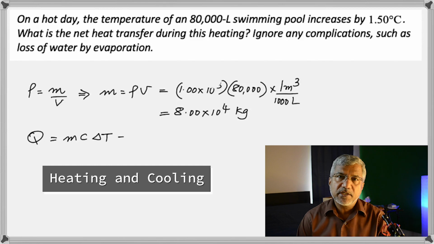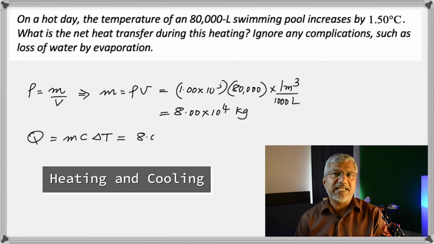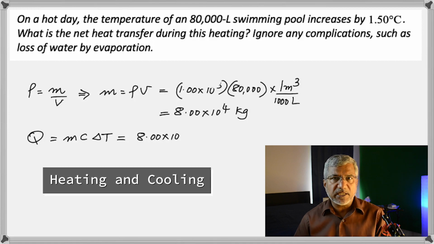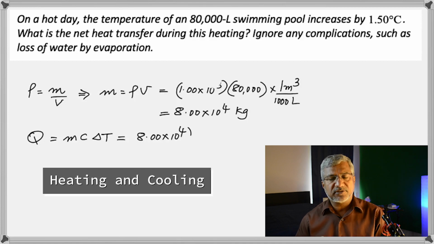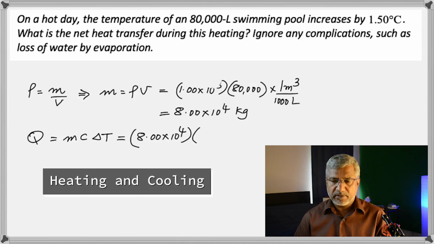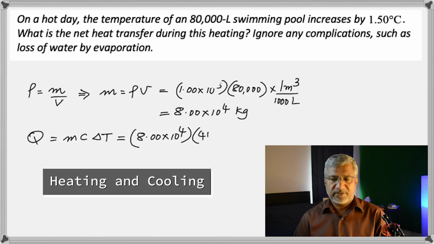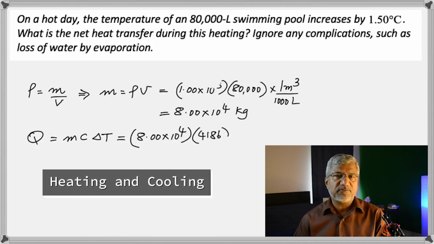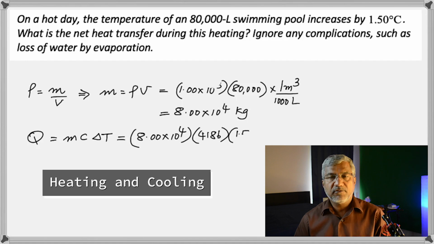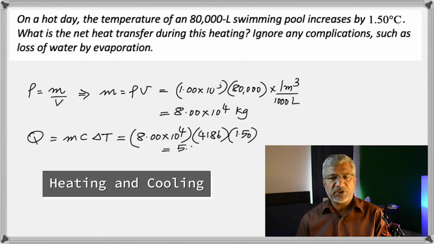That's easy. And once you get that, Q is mc delta T. M is the mass, C is the specific heat, delta T is the change in temperature. So you have the mass, the specific heat is a constant for water, which is given, 4,186, multiplied by the change in temperature.